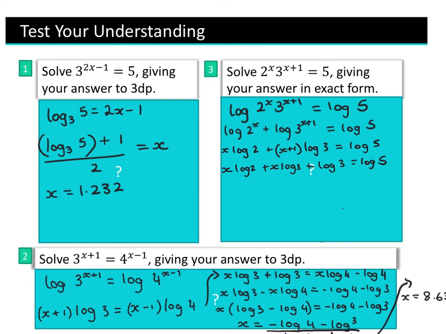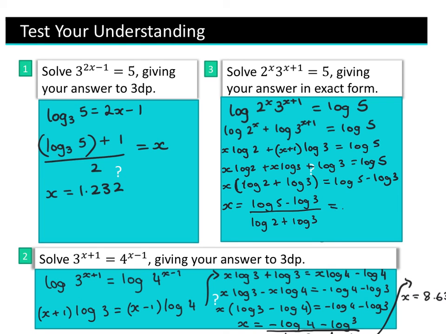Okay, I'm now going to factorise out an x. x times log 2 plus log 3, and this equals log of 5 minus log 3. Now I'm going to divide both sides. So log of 5 minus log 3 over log 2 plus log 3.